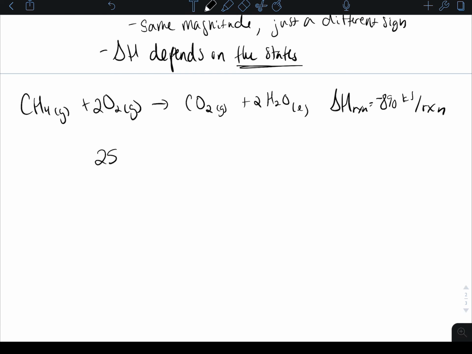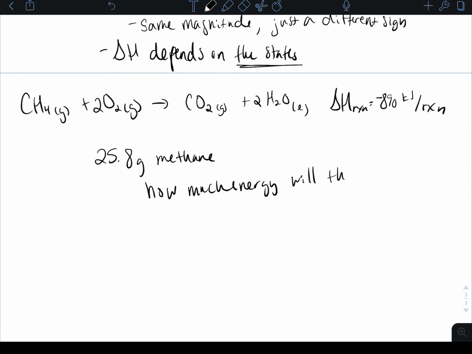So let's say we have 25.8 grams of methane. We want to know how much energy will that release when combusted?